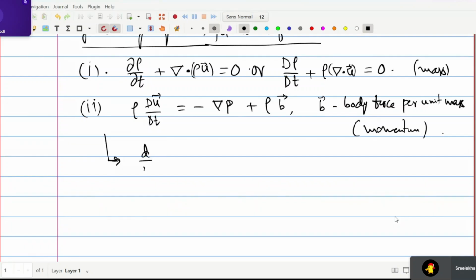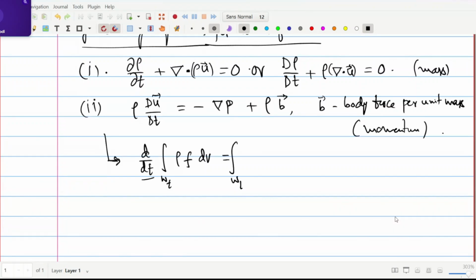It tells you the rate of change over the moving fluid element Wt of rho into f, where f is any scalar function, dV. The derivative taken inside is the transport theorem. It comes out to be the integral over Wt of rho into the total derivative df by dt, dV.